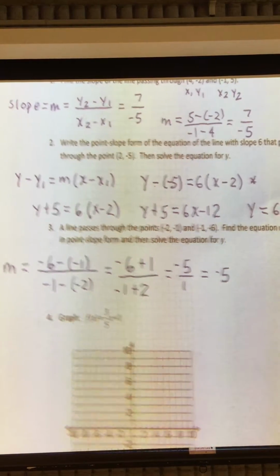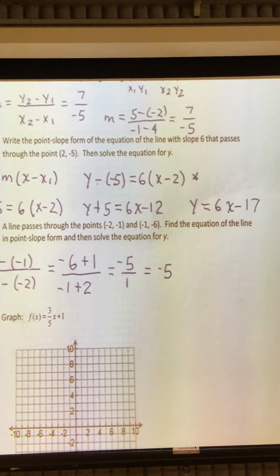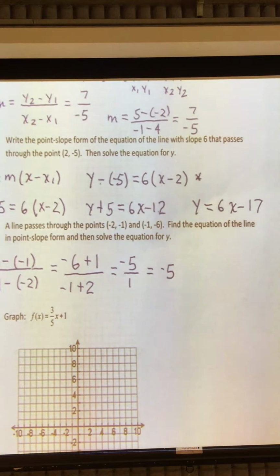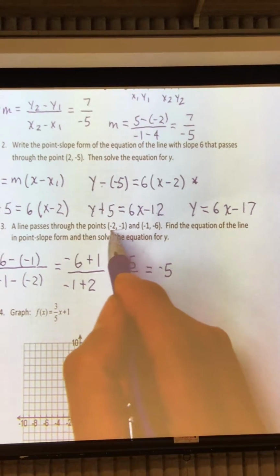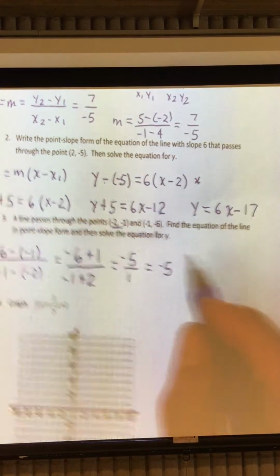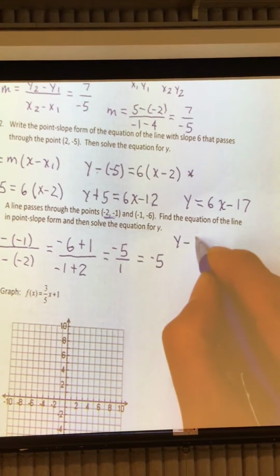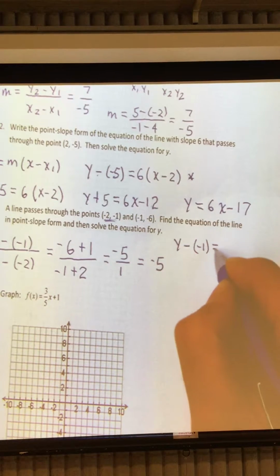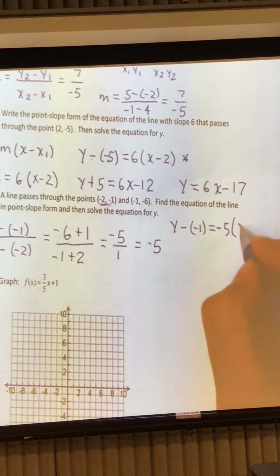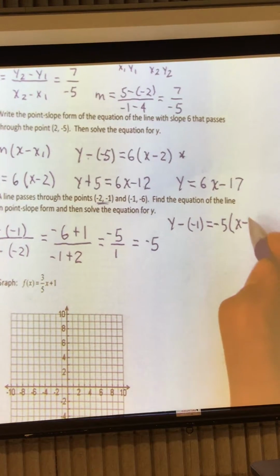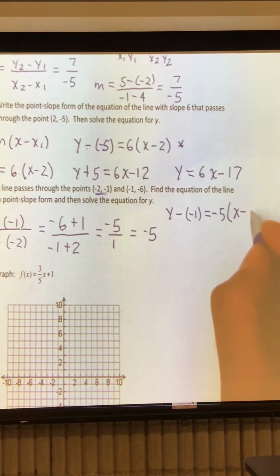Now, using the point slope form, choosing either point we wish, we can then write the point slope equation of the line. So let's choose our first point here, -2 and -1. So the function y minus the y-coordinate, -1, is equal to the slope that we just calculated, -5, times variable x minus the x-coordinate, which is -2.